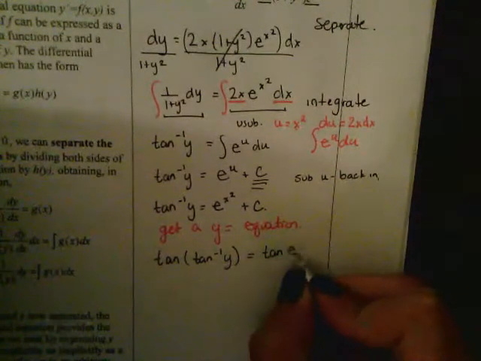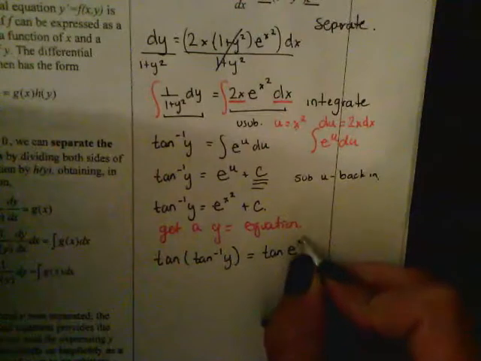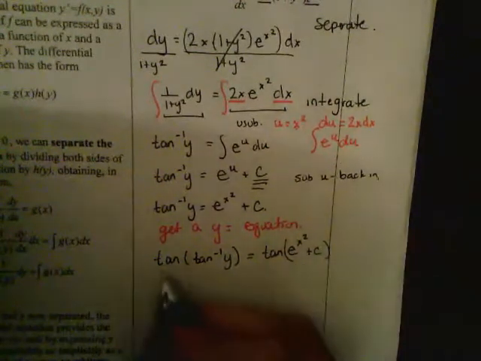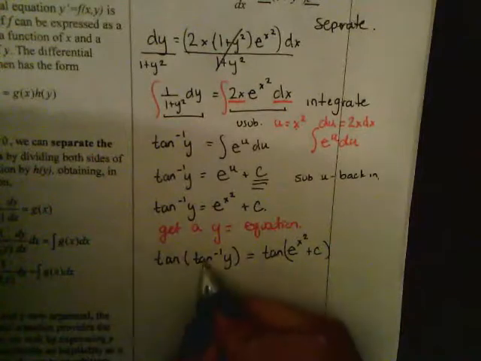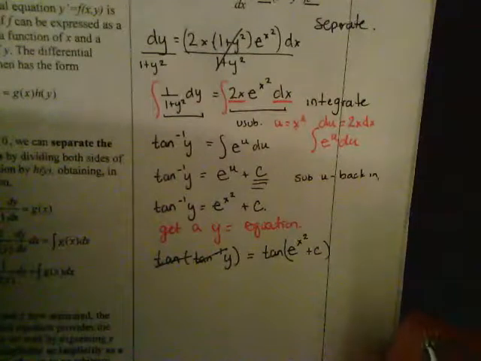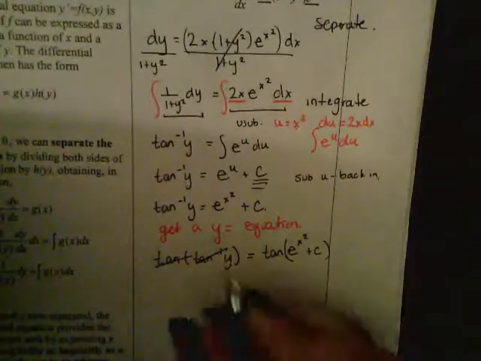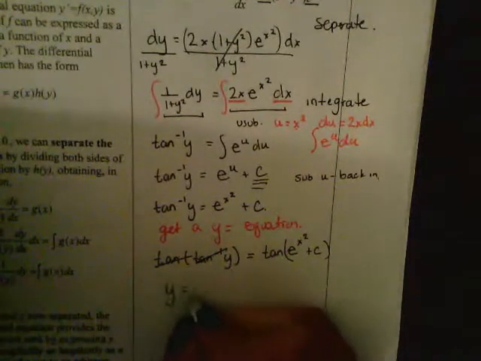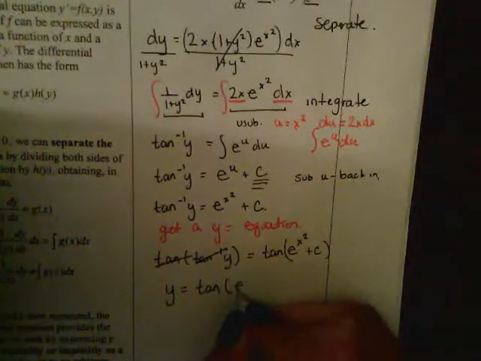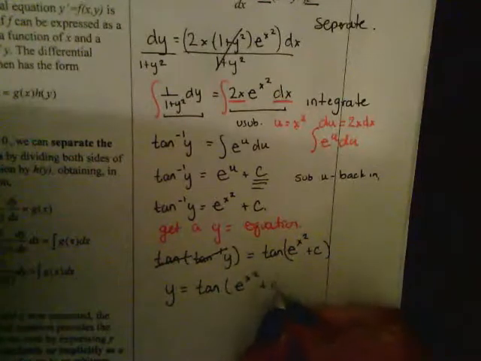So in here I have to take the tangent of e to the x squared plus c. What happens to the inverse tangent? It basically cancels out. So this is going back to trig. So here we got y equals tangent of e to the x squared plus c.